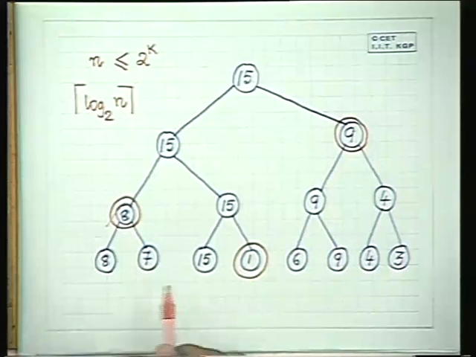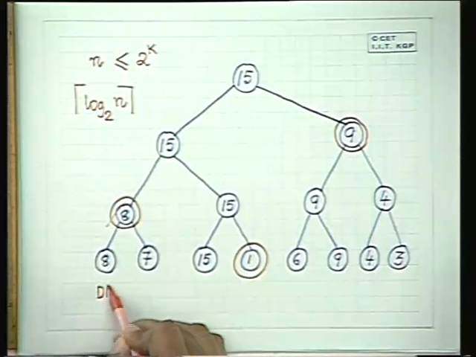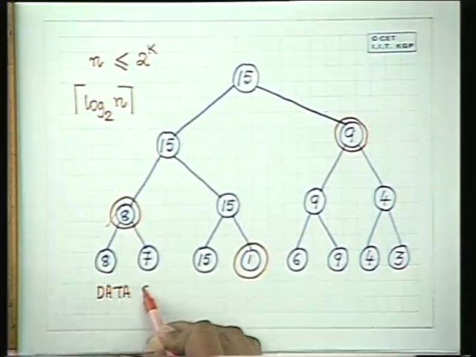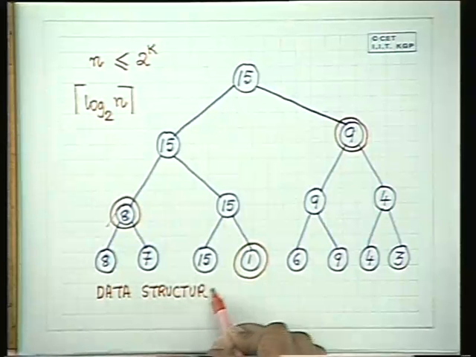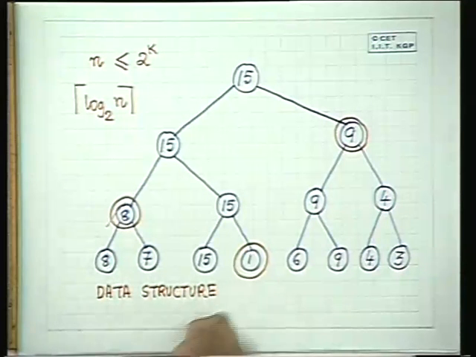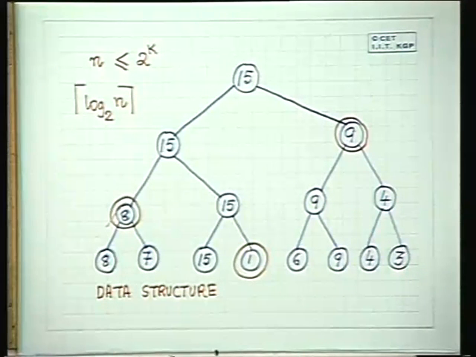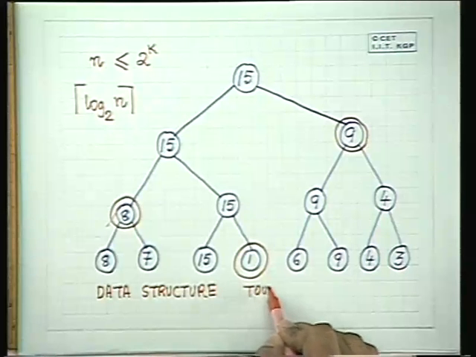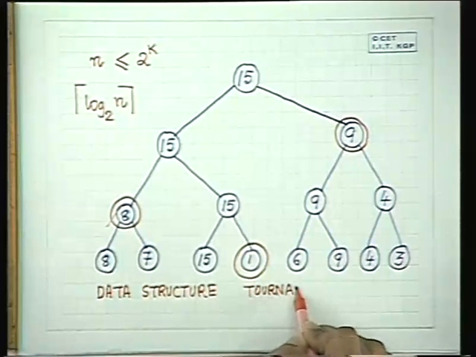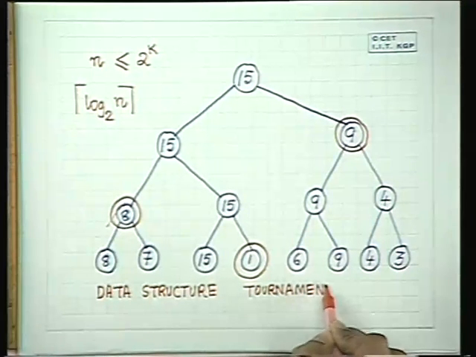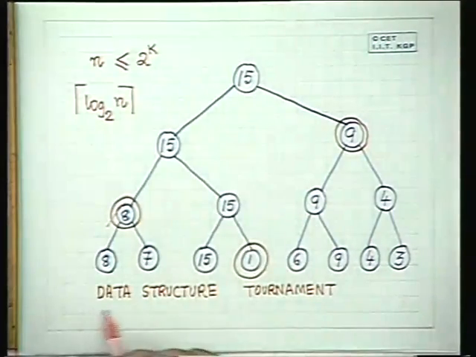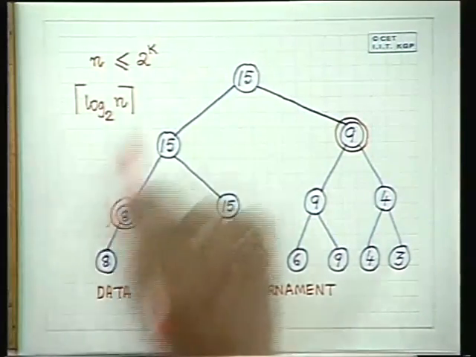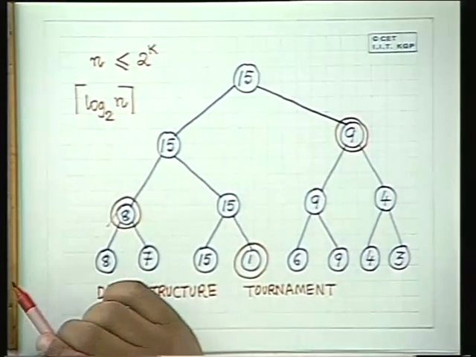That is, now we have the data structure tournament, which was not so obvious in the previous case, but here we have now reached a situation in which we have to implement this tournament structure, which we conceptually drew up with circles and links.